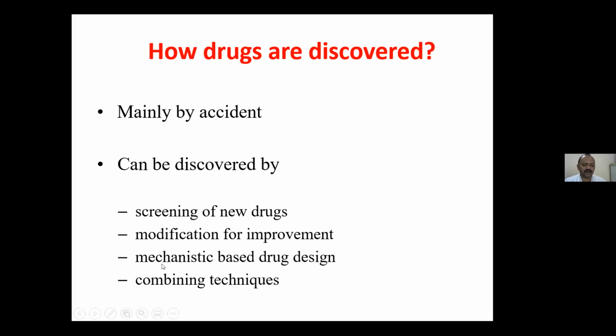Another important approach is mechanism based drug design, with an understanding of how the drug is binding to the target receptor or enzymes. Based on the mechanism of this drug, we do the designing of the drugs. Sometimes we use a combination of these techniques in different ways.